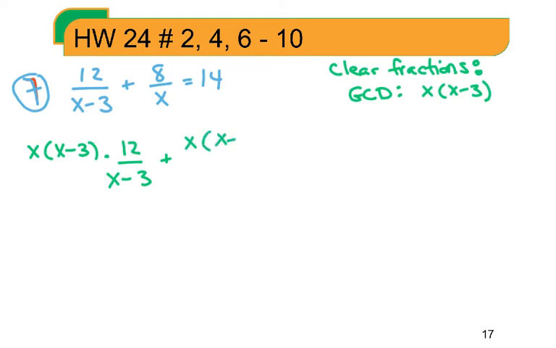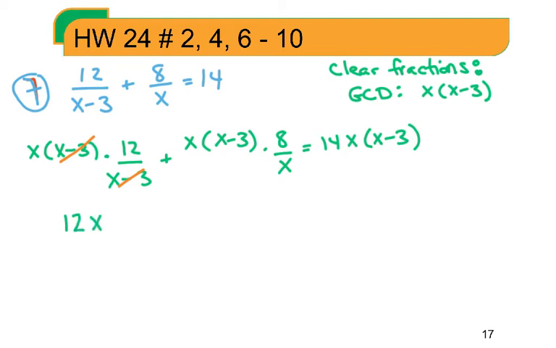Because this is not a quadratic equation at the moment, is it? Okay, there's the setup. When we multiply this first term, we get this nice cancellation of the denominator, and I get 12x.